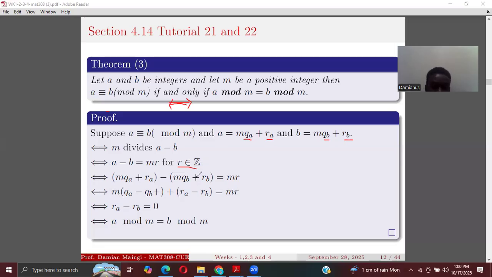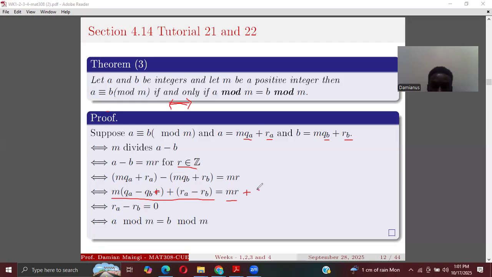So from this, you factorize the m, you end up with m times qa minus qb, plus ra minus rb. And now you have these two equations. m times this guy plus something equals m times r. So you know what that means? On this side, you have no constant.